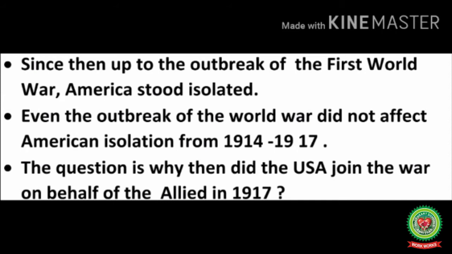Even the outbreak of World War I did not affect American isolation from 1914 to 1917. America adopted the policy of neutrality or isolation. Even when the First World War started, in its initial years from 1914 to 1917, America did not join any of the powers. America decided to stay away from European politics.